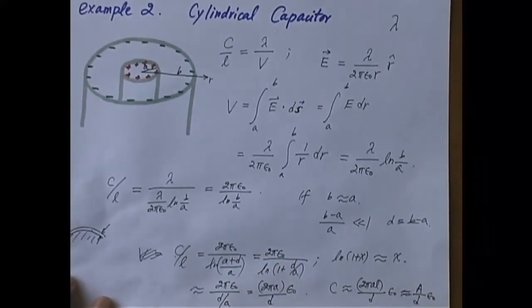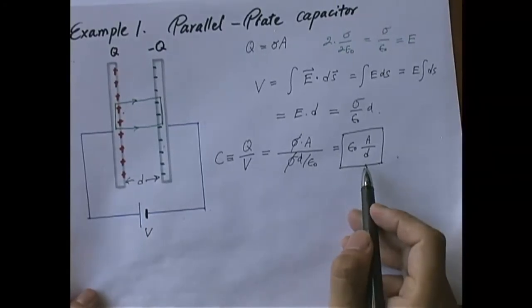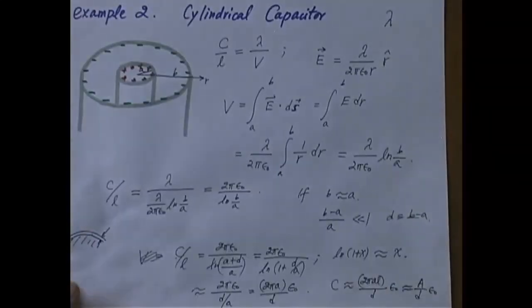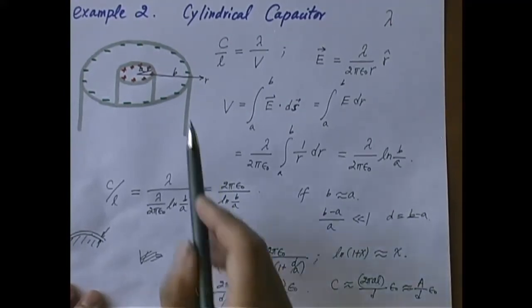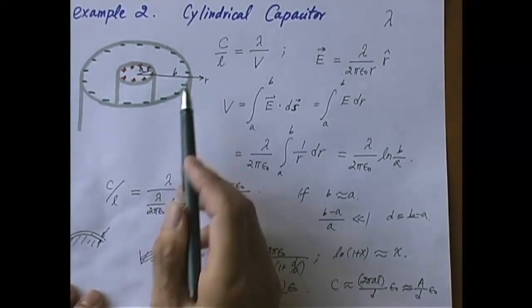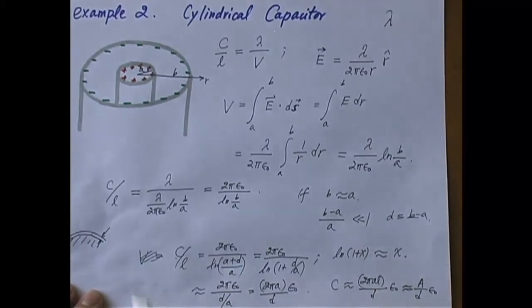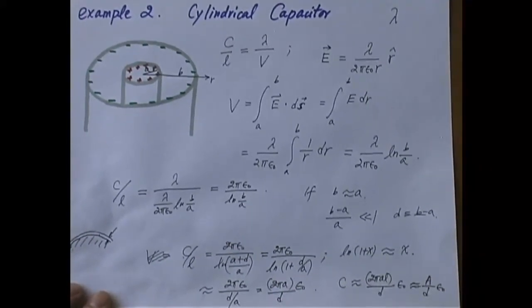That magically goes back to the same expression we have here, epsilon naught A over D, A being the area of each metal piece. Of course, the outer cylinder has a slightly greater area, but it's almost the same as the inner cylinder because the separation between them is very, very small. So it goes back to the case of parallel plate capacitor under the right approximation.